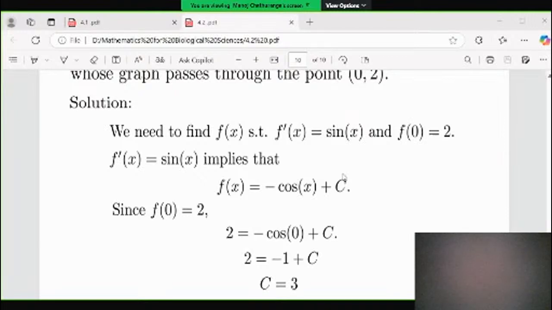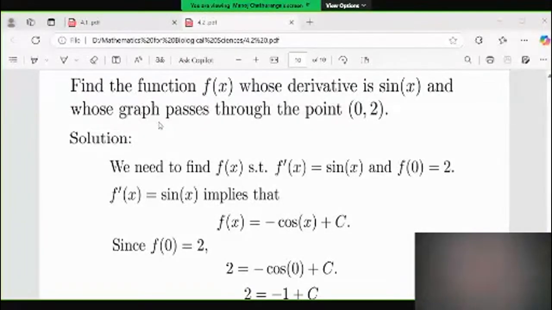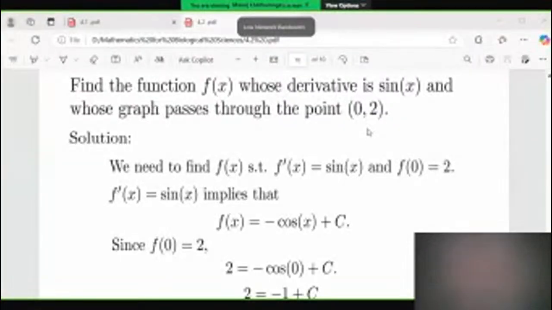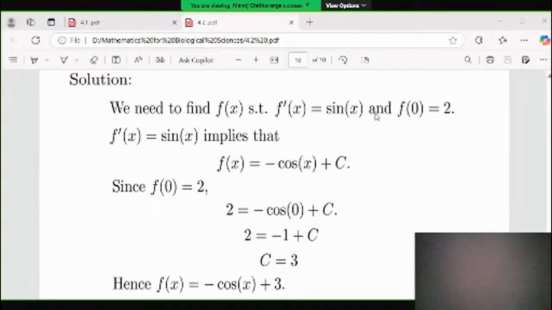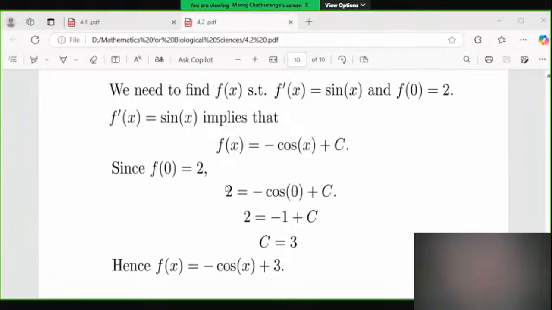So we are almost done. The only thing is we need to find this c. c is still unknown. For that, we can use the other piece of information. The graph passes through the point (0, 2), which means when x equals 0, the y coordinate is 2. So let's substitute (0, 2): f of x equals 2.